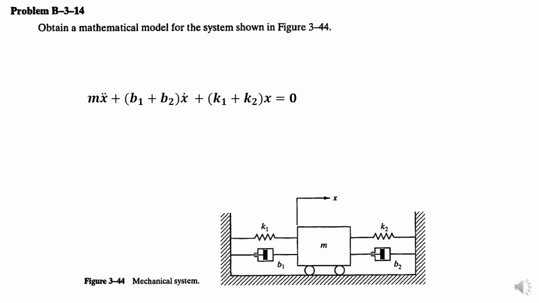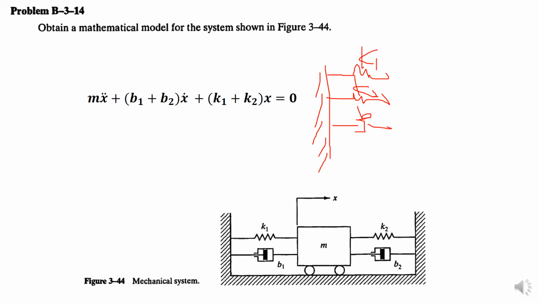So we get the equation for a system like this, and you should understand how we derive the governing equation. It will be a parallel spring and also a parallel damper, so this system is actually identical to K1, K2, B1, B2, and the mass.